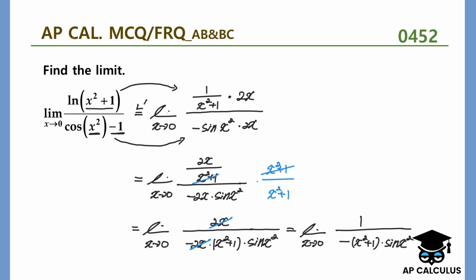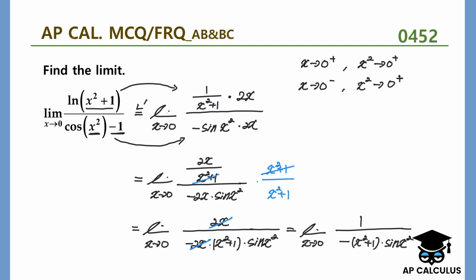As x approaches 0, let's say from the right hand side, then x squared also approaches 0 from the right hand side, right? What about as x approaches 0 from the left hand side? Then x squared is always positive, right? So x squared approaches 0, but from the right hand side.